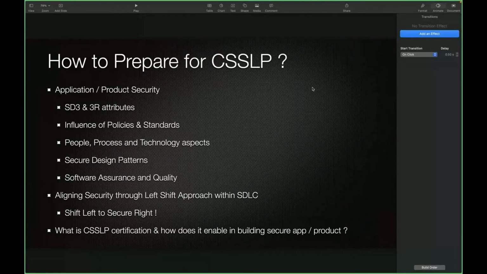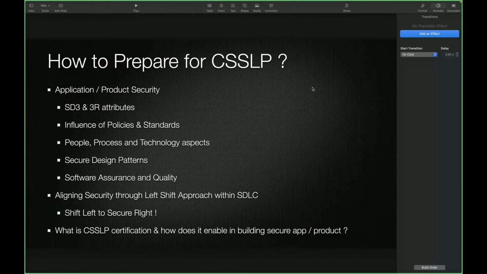So before I cover more on standards, let's understand what policies are, right? A policy is an instrument which can provide the required enforceability, which is required whenever you want to integrate security into the software development lifecycle, right?